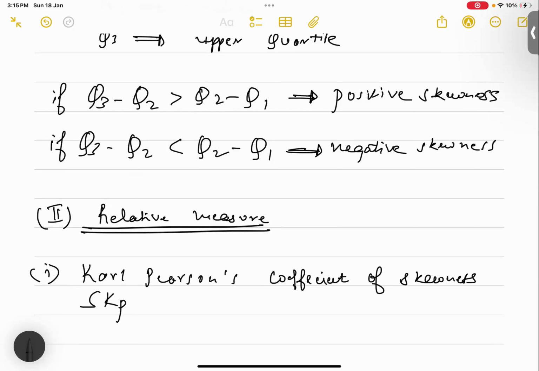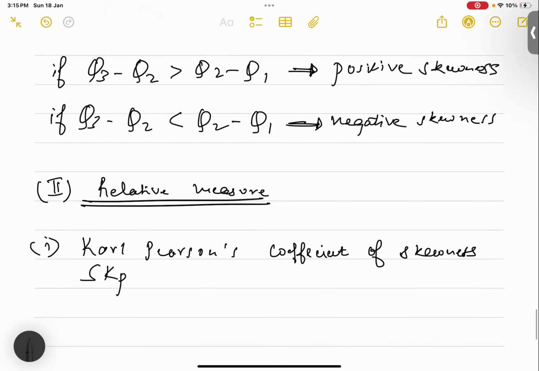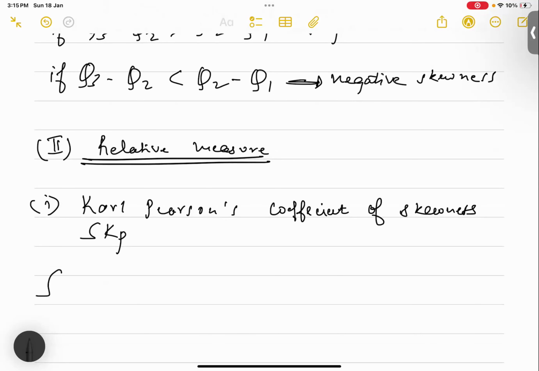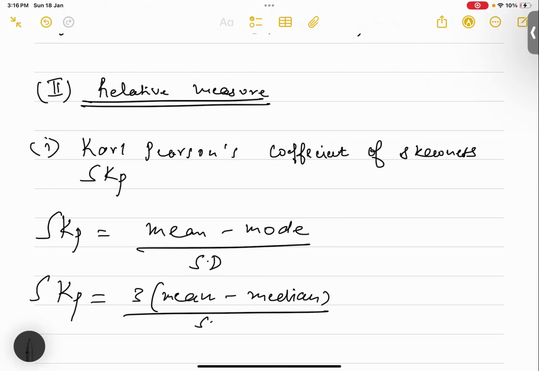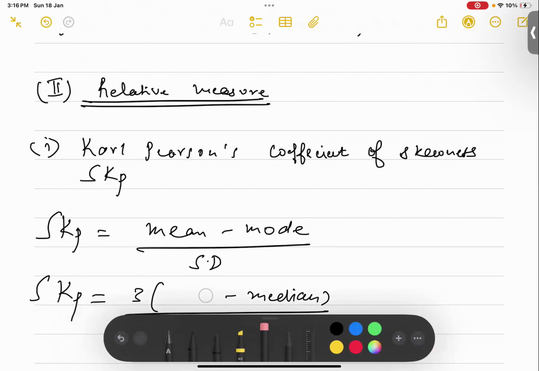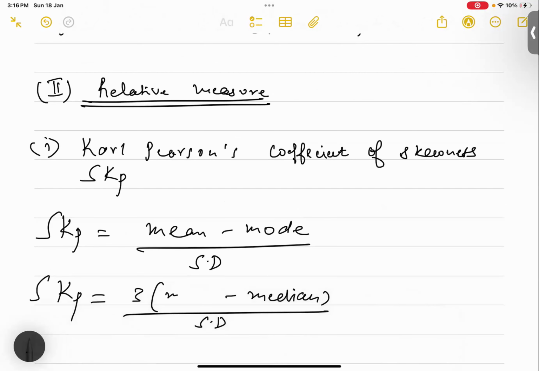So the formula is SKP is equal to mean minus mode upon standard deviation, or SKP is equal to thrice mean minus median upon standard deviation.